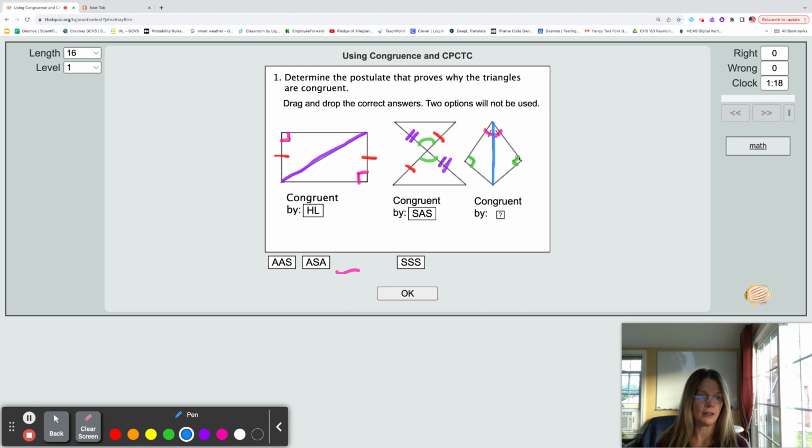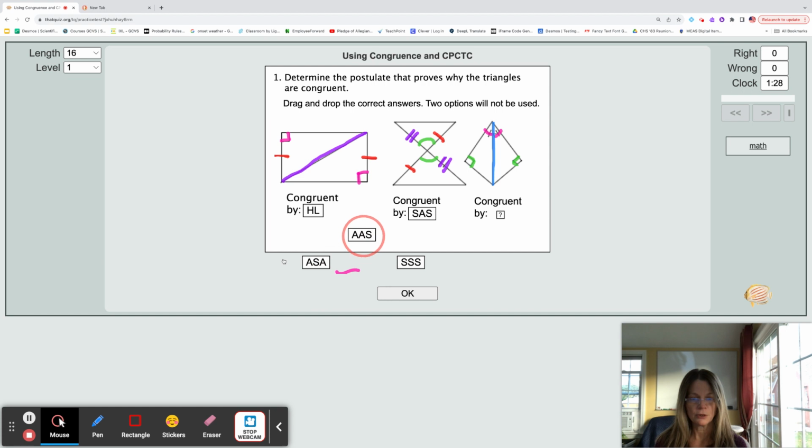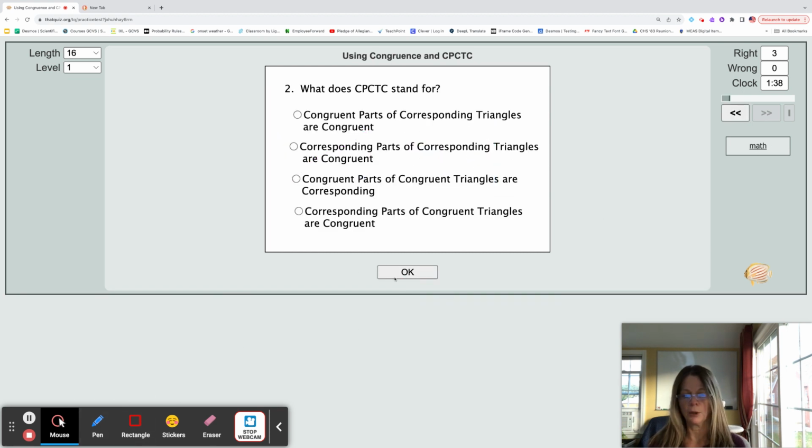So we're going to start down here, and we're going to say this part. Angle, angle, side. So that's what we want to get a lot of practice with, identifying which postulate proves the triangles are congruent. We'll hit OK. We'll notice we got that right, and then we're going to move on.